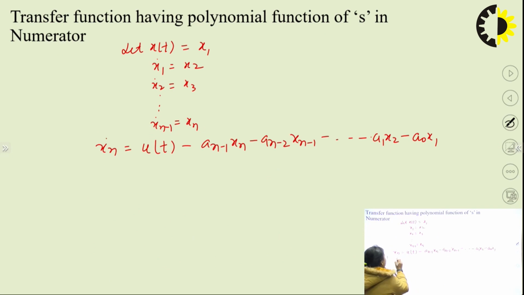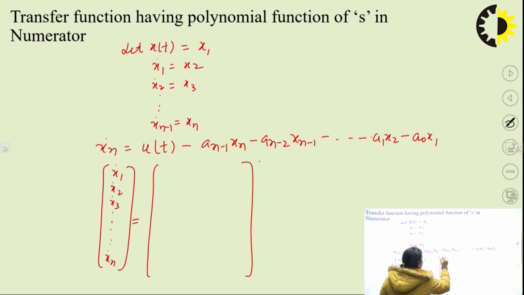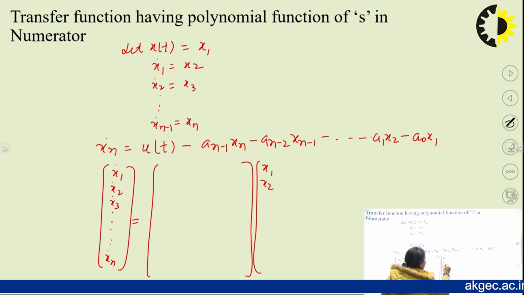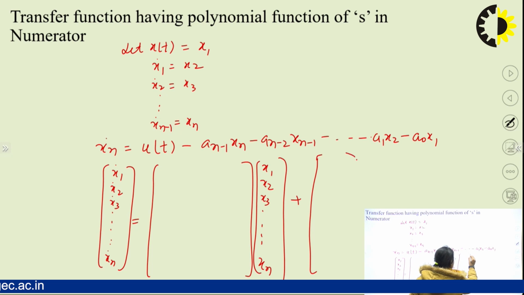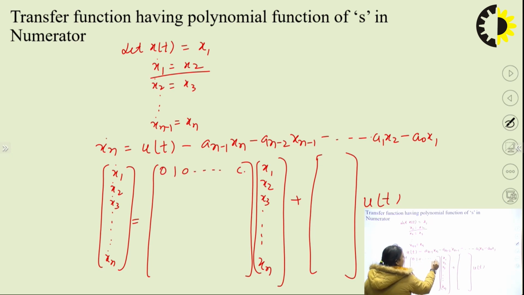So I can write again, draw the state model from this: x1 dot, x2 dot up to so on till xn dot will be equal to what? A into x1, x2, x3 up to so on till xn, and this is the term b into u(t), right? So x1 dot here is again equal to x2, so I'll write 0 1 0 0 till 0. x2 dot is equal to x3, so 0 0 1 0 up to so on till 0.